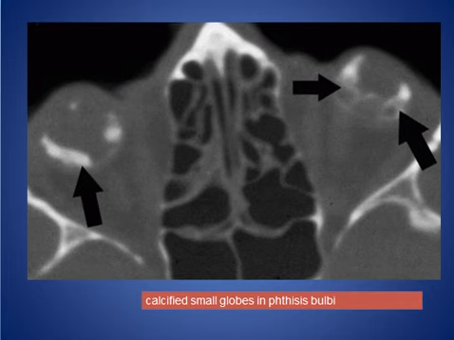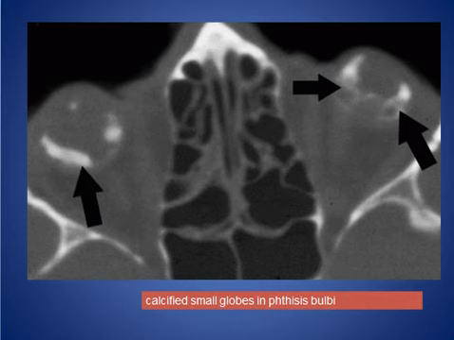Here, this is a patient with bilateral calcification of the globes, and the globes are small, and this is what we call phthisis bulbi.